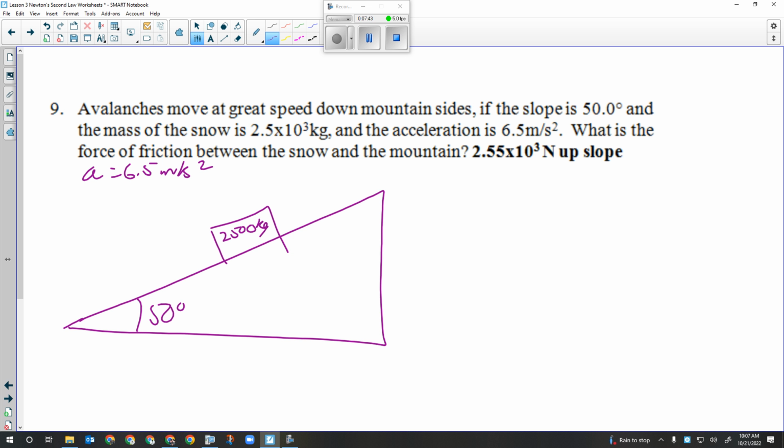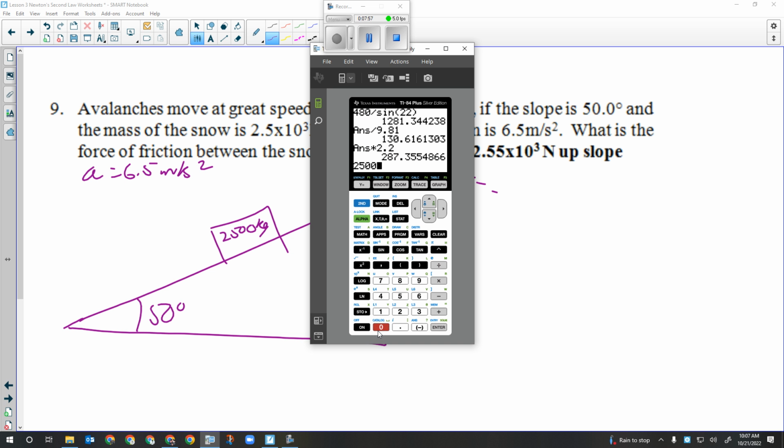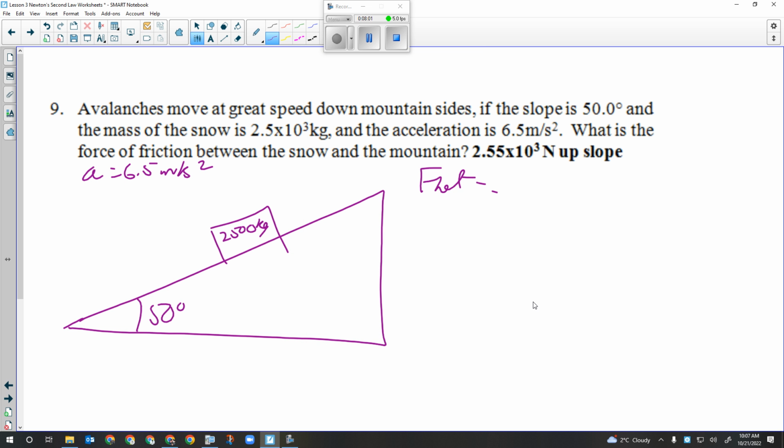F net. So F net will be 2,500 times 6.5, and that's 16,250 newtons down the slope.